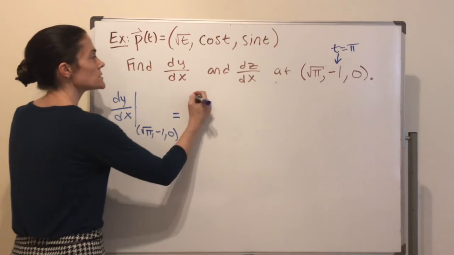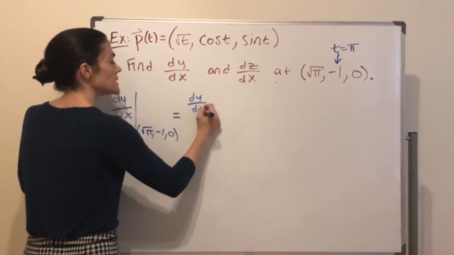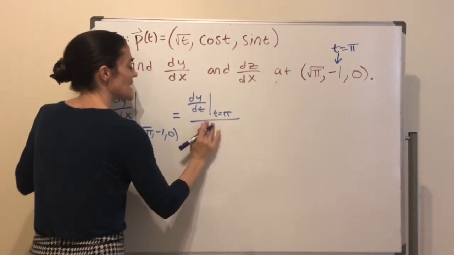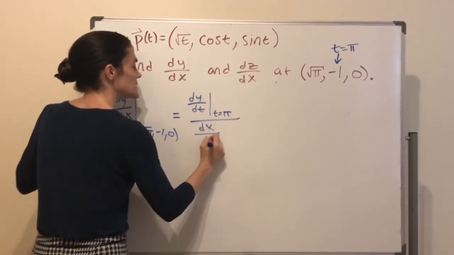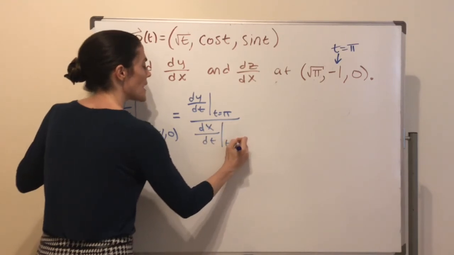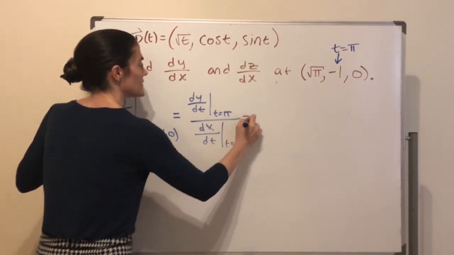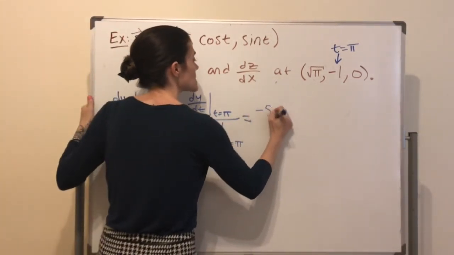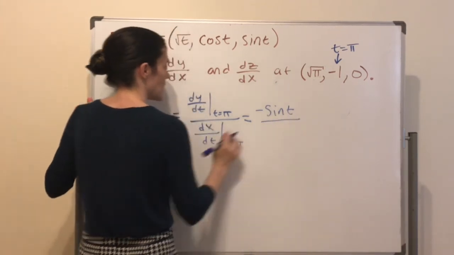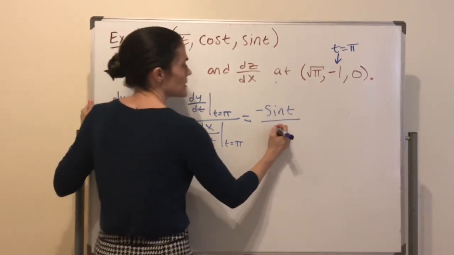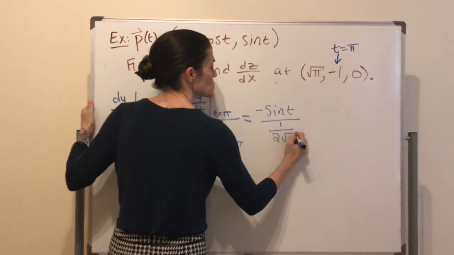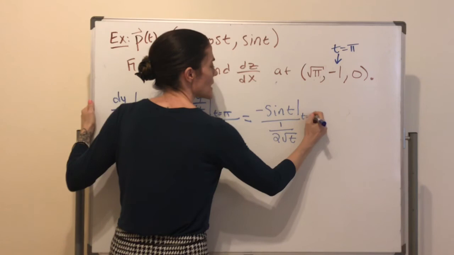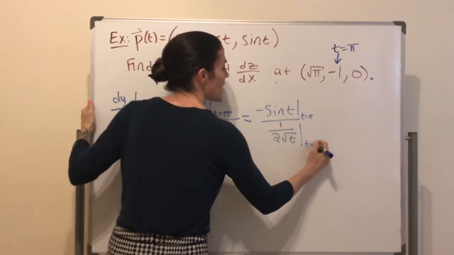This equals dy/dt at t equals pi divided by dx/dt at t equals pi. dy/dt is negative sine t, and dx/dt is 1 over 2 square root t, evaluated at t equals pi.